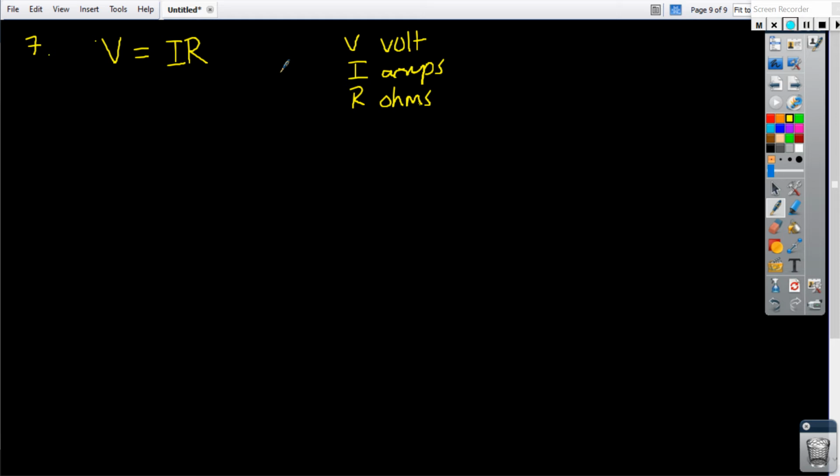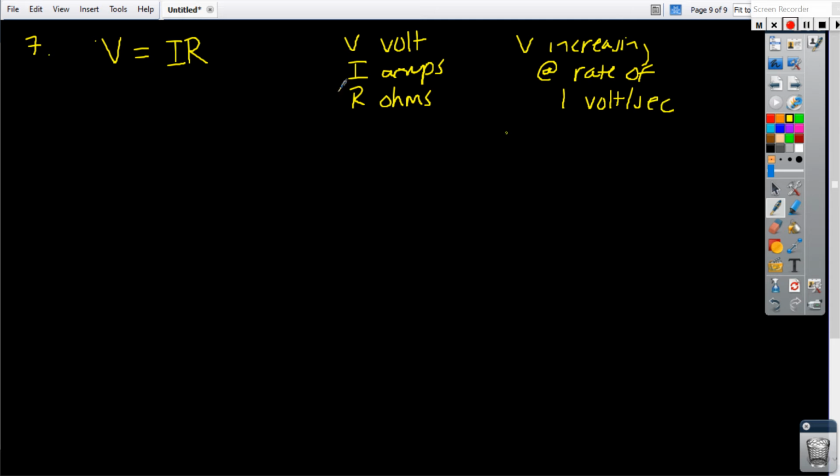And then in the problem, it says, suppose that V is increasing at a rate of, and when you see that rate, that's what clues you into that differential part, right? Increasing at a rate of 1 volt per second.